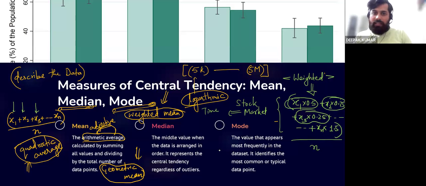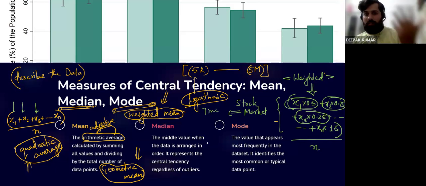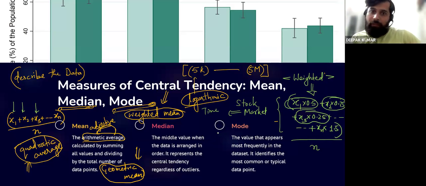Say today the Nifty 50 is at 23,000, and you want to forecast what its maximum value would be after 1 week. In those situations you will use weighted mean. This is the meaning and application.